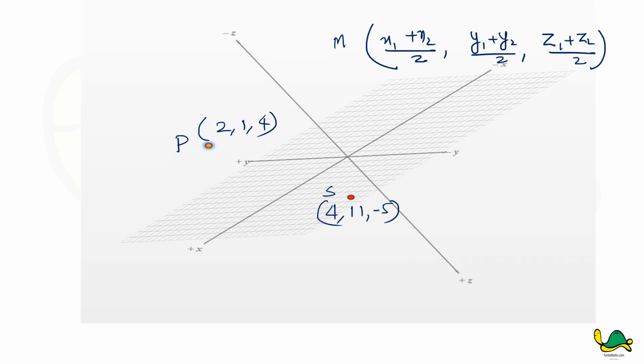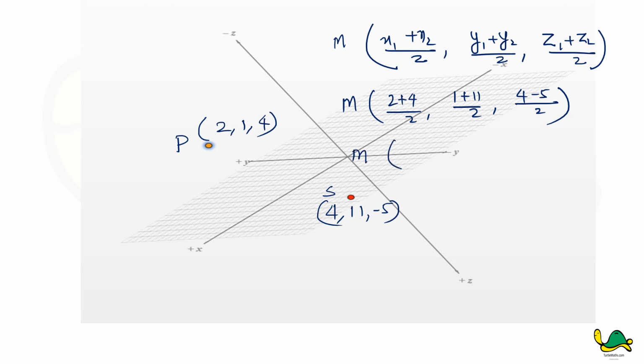So I am going to substitute the coordinates, and here we will get the coordinates of M, the midpoint, as 2 plus 4 divided by 2, 1 plus 11 divided by 2, and 4 minus 5 divided by 2. Minus 5 because the coordinate was minus 5.